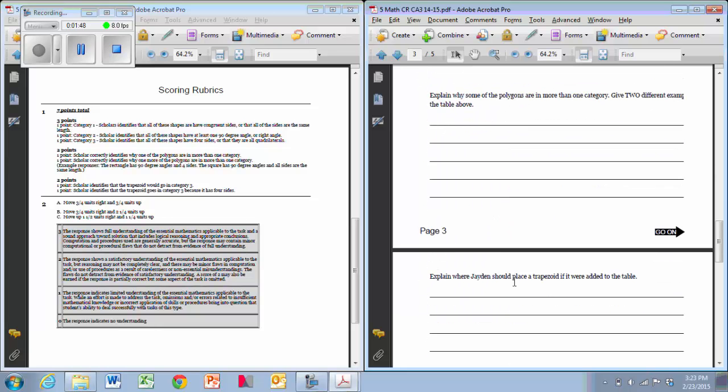As we go to the second part, it's asking them to explain why certain shapes, such as the square or the rectangle, are in more than one category, and then to give 2 examples from the table above. So there's a few different ways they can go with this.